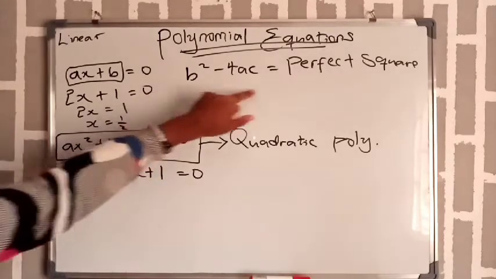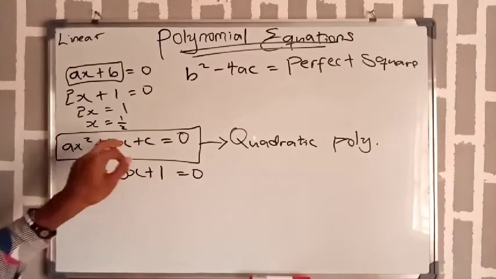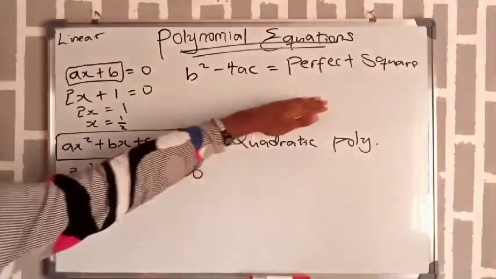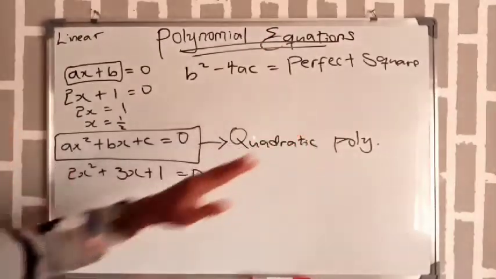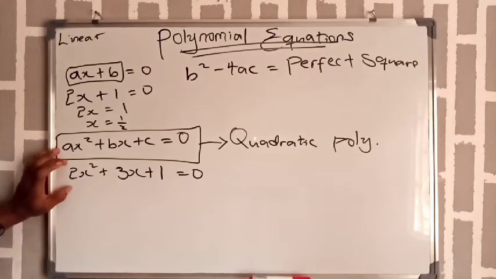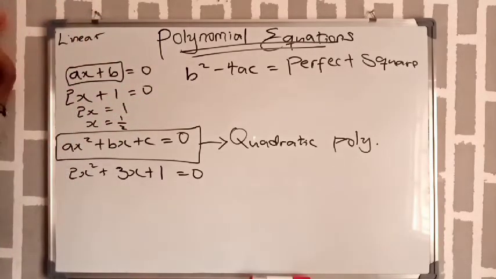You first check that. If you get a perfect square, that's simply telling you that you can use the factor method to solve this problem. But if it doesn't give you that, then you use either the completing the square method or the formula method.